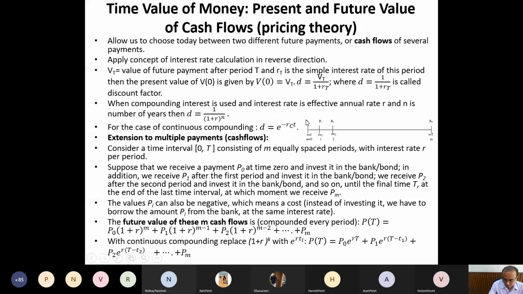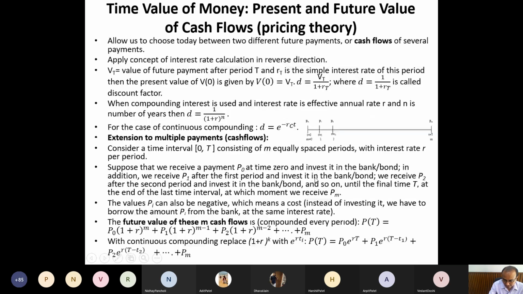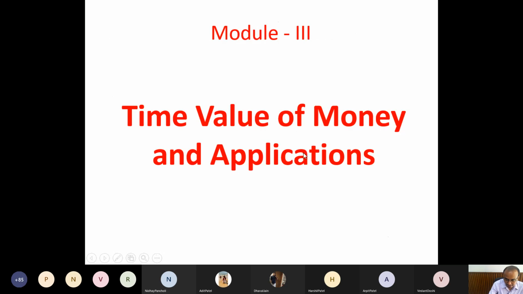And I know the future payments, which means at this instant it is V0, then V1, V2 up to say Vm. Then what will be my present value of all these future payments? So constant V0 at present is the same, right? In future I have payment V1, so its present value will be less with compounding.